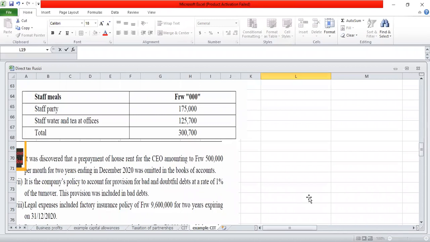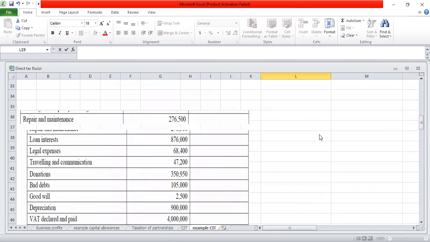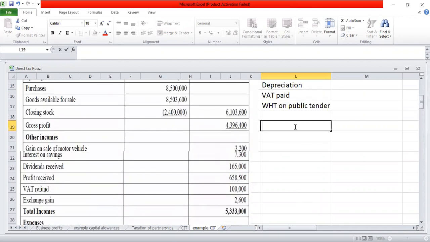I think this is already an employment income, so we don't look at this one. We're not going to consider it. It's not a business expense that was not recorded. So we are going to ignore this. So I'm going to less the non-allowable incomes.